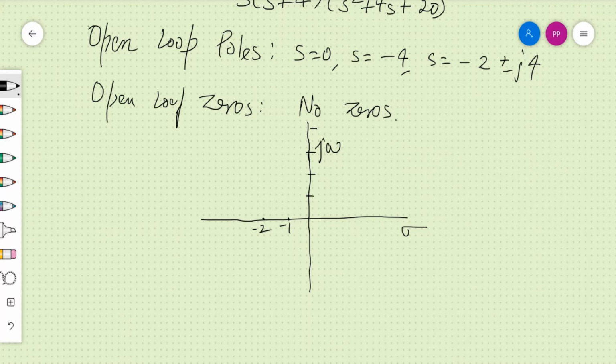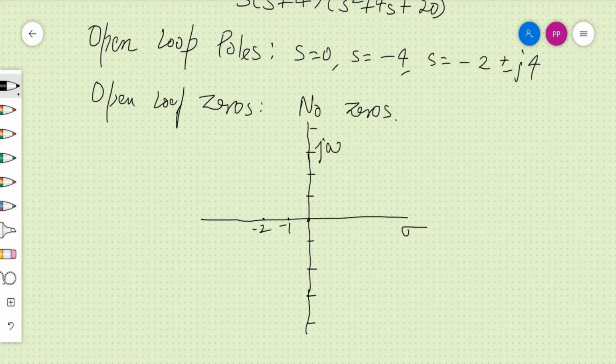Similarly, on the negative real axis we start from 0 over here. We also have minus j1, minus j2, minus j3 and minus j4.